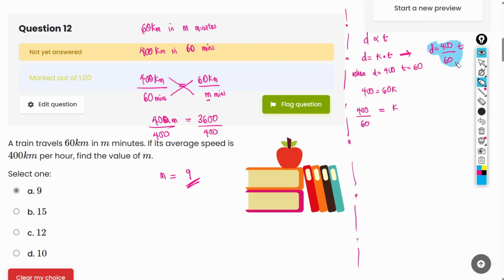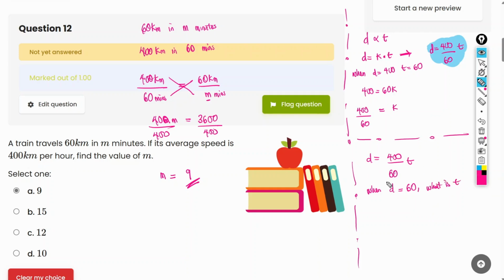That's your standard relationship. And now that we have that, it's very easy to come back around. We know that D is equal to 400 over 60 T. So when D is 60, what is T?